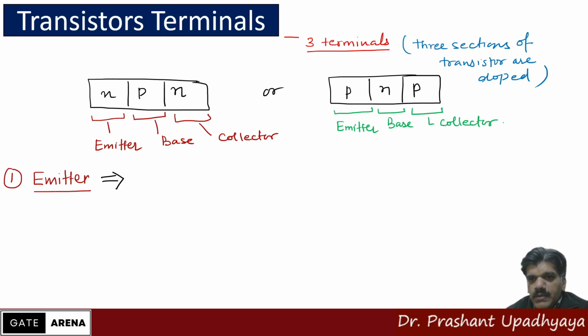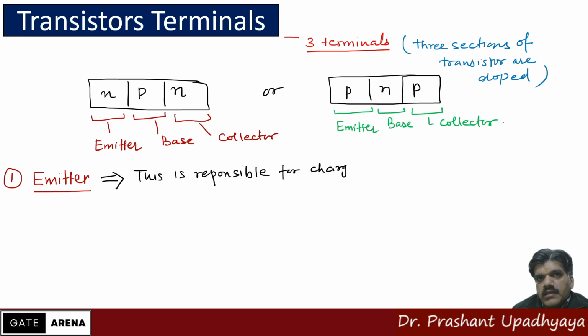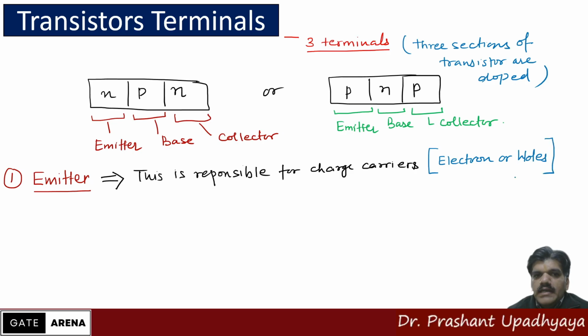Whether it is an NPN transistor or a PNP transistor, the emitter will be the emitter only. This emitter is responsible for supplying the charge carriers, and the charge carriers can be electrons or holes, depending upon the type of transistor you are using, NPN or PNP.